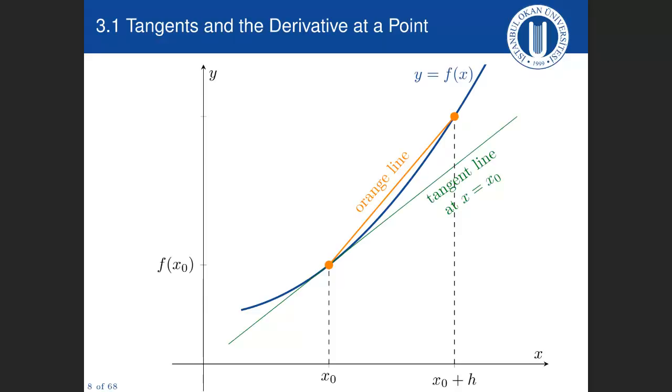Okay, now look what happens if we make h smaller and smaller. In other words, if we move the right-hand end of this orange line closer and closer to the left end.